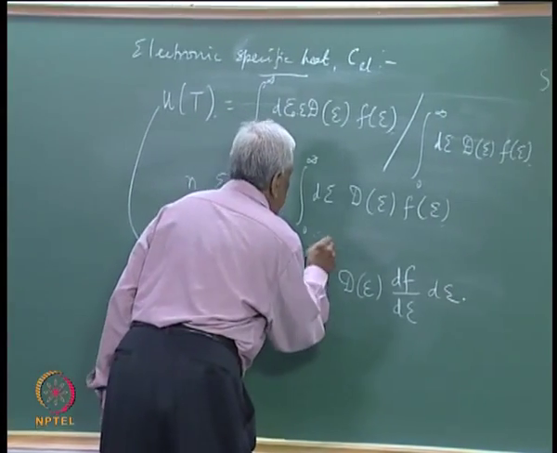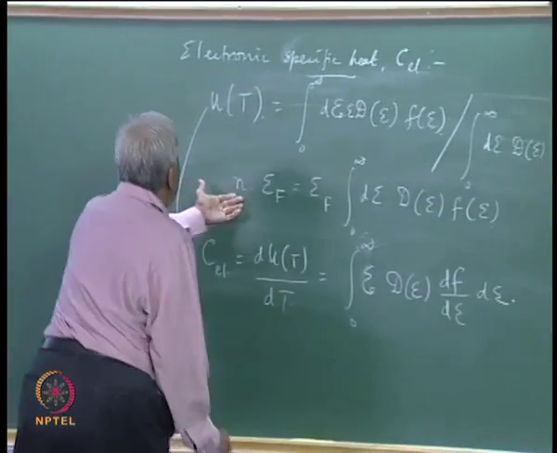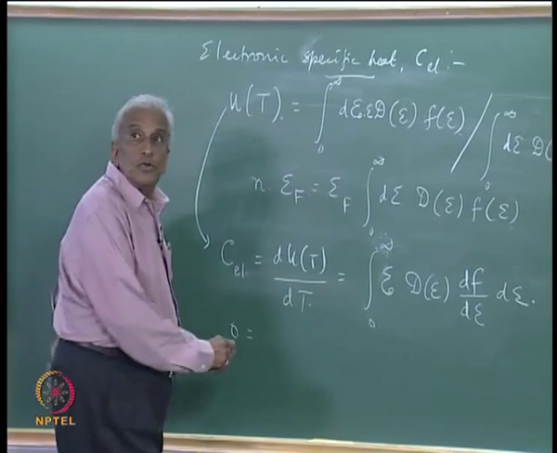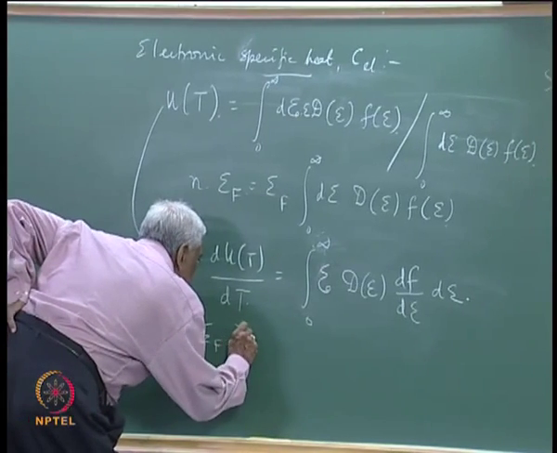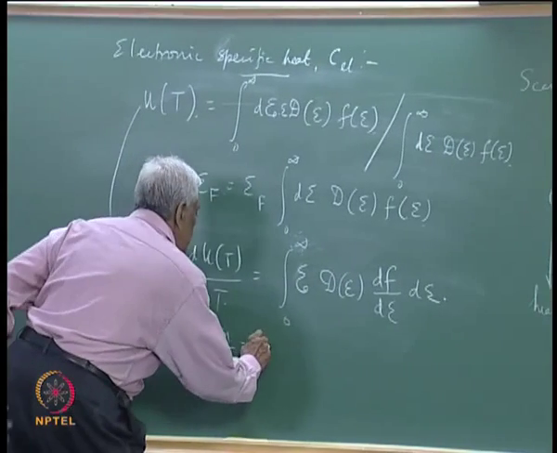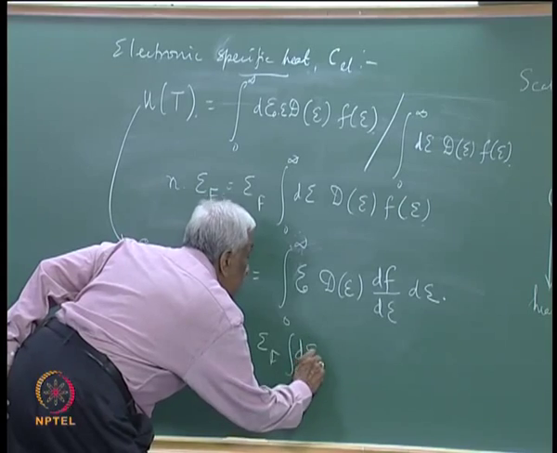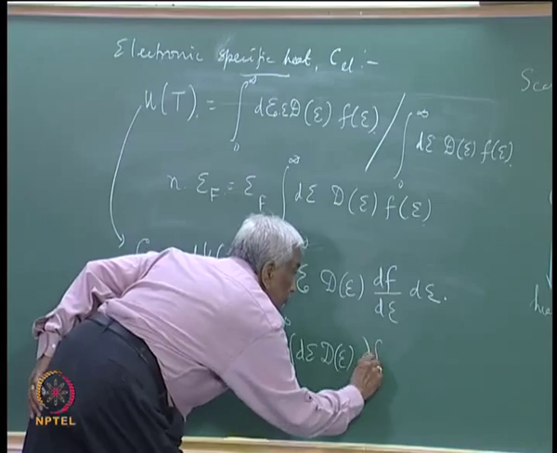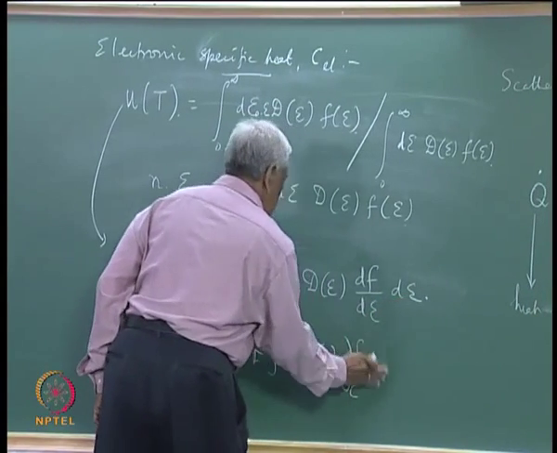Differentiating this, since E F times n is a constant number, we get E F times dN by dT, which is just E F integral D of E dF by dE.